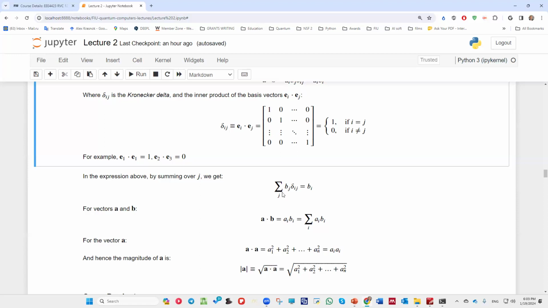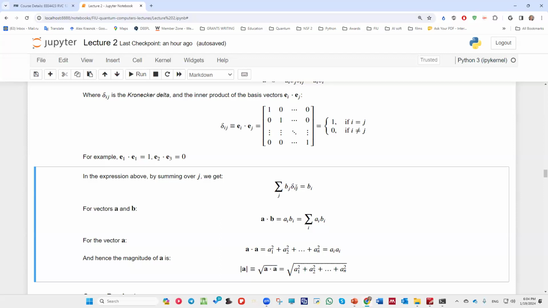For example, if I have the summation of the components of vector B times this delta Kronecker Ij, I have this summation index j here and here.